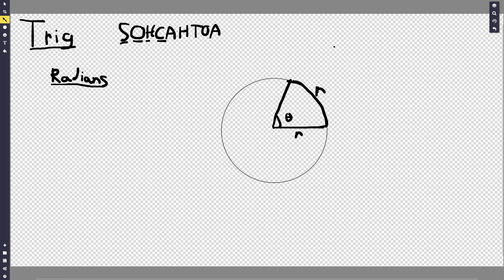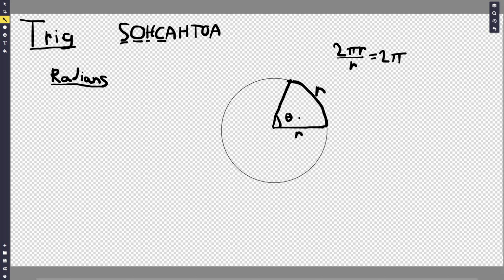We know that 2 pi r is the circumference of the circle, and we know that 1 radian has an arc length equal to r, the radius. So we can just divide by r, and we get 2 pi.